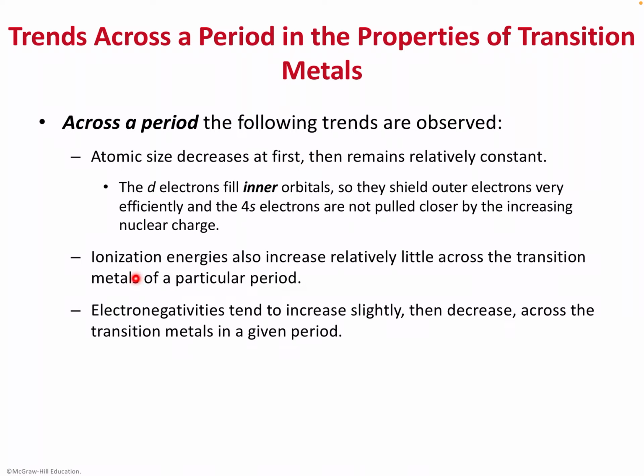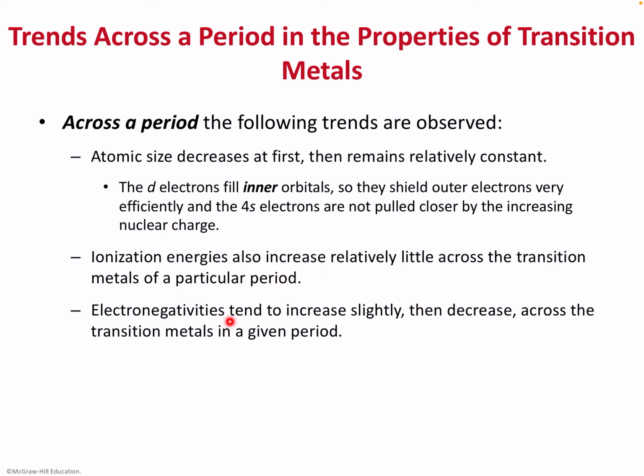And then we also learn about the ionization energy. What is ionization energy? It is the energy needed to remove an electron from a neutral element or any charged element. The ionization energy also increases relatively little across the transition metals of a particular period.